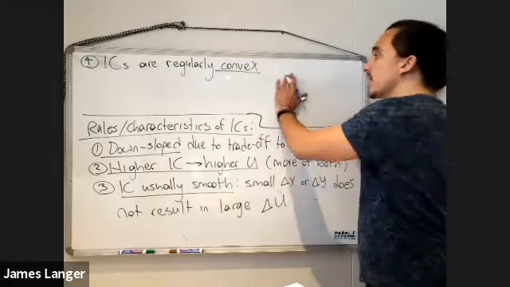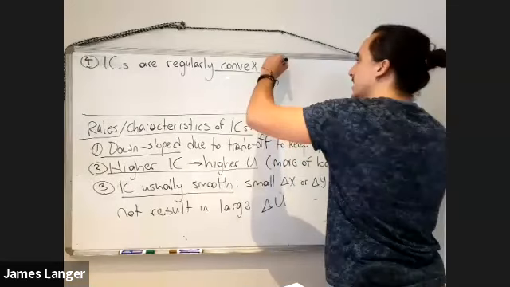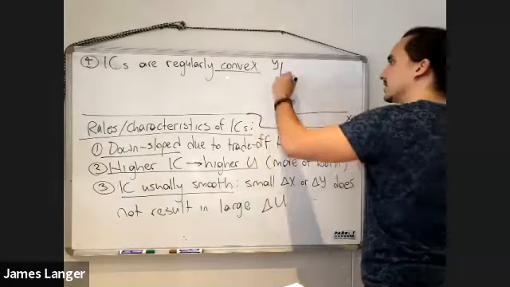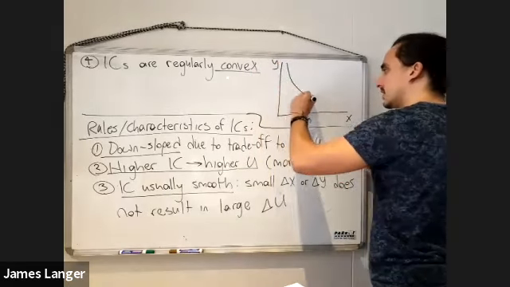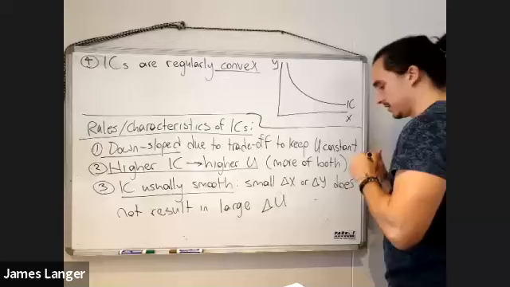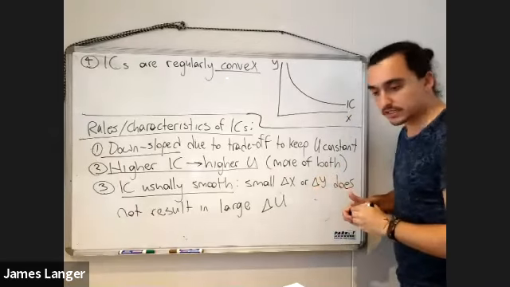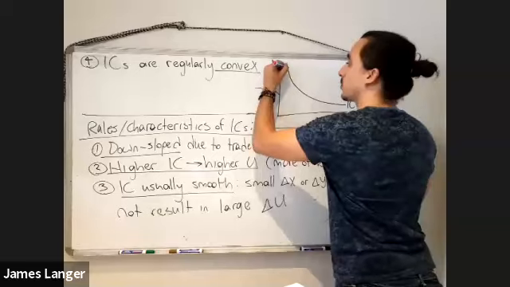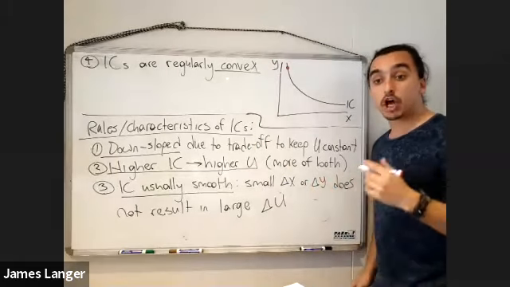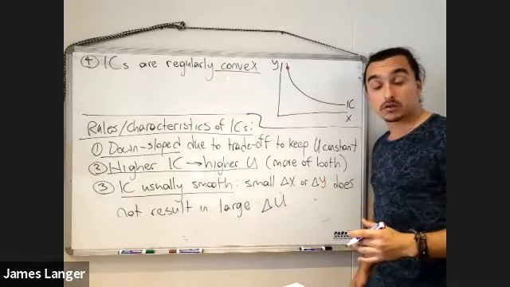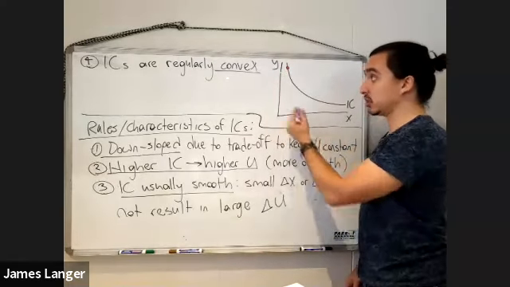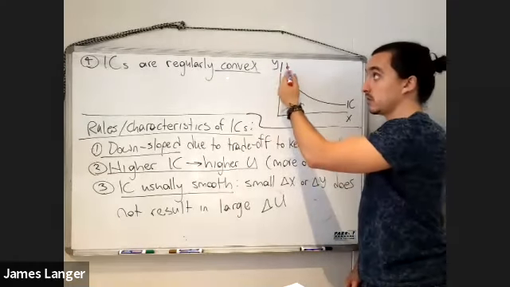Okay, so why are they convex? The best explanation is with a graph. Okay, so we're going to put y and x here, and I'm going to look at a single indifference curve. Okay, so answer me this, guys. When I have a lot of y, and I have little x, so look, I'm at this point, right?